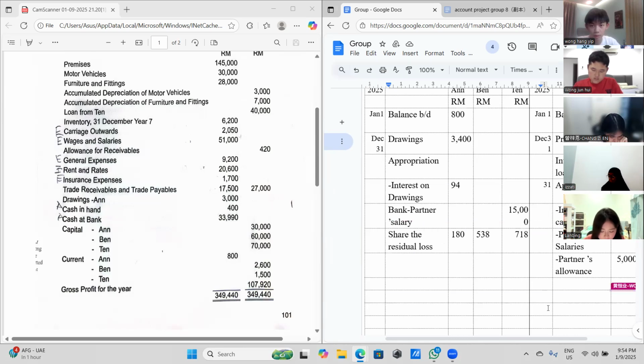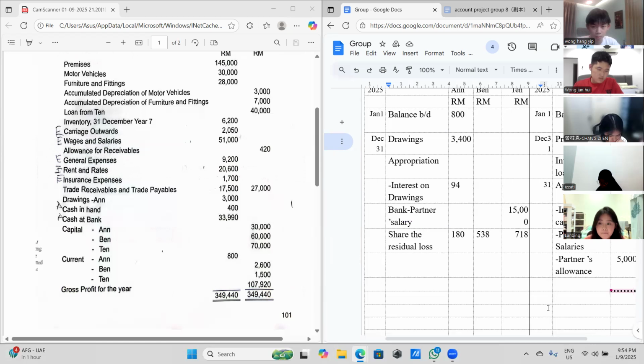So we need to get the sum of here, and it should be 6,500. And the next one is 5,850. And the last one is 24,525.